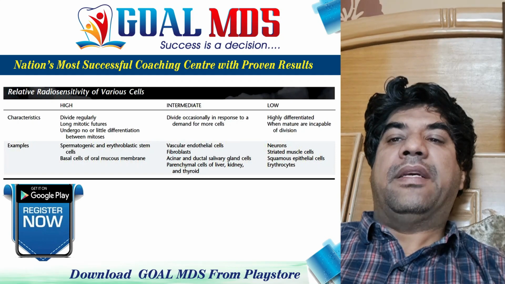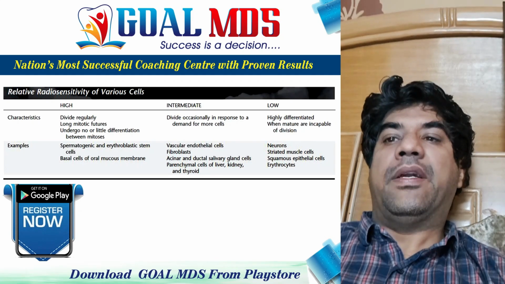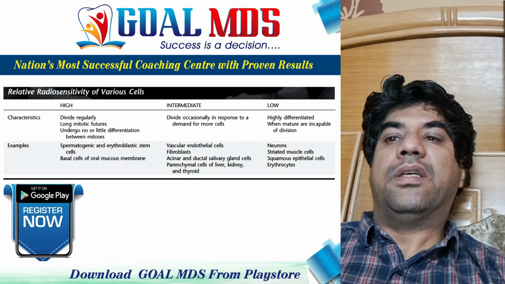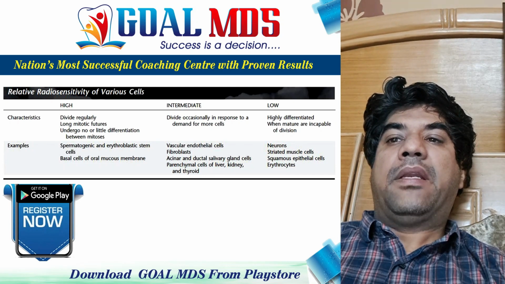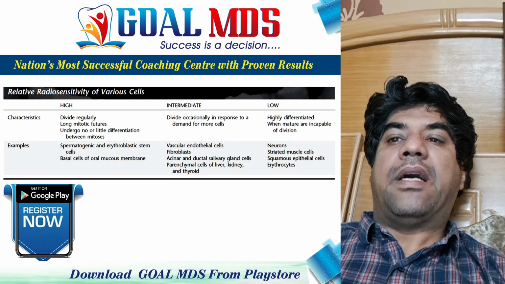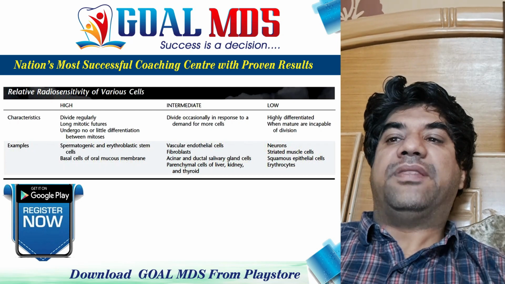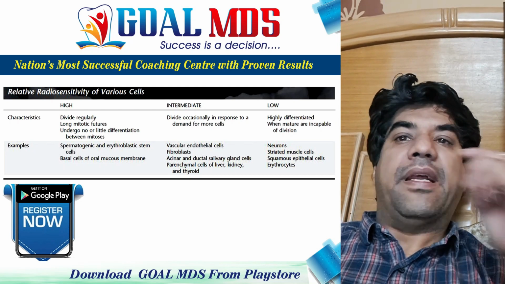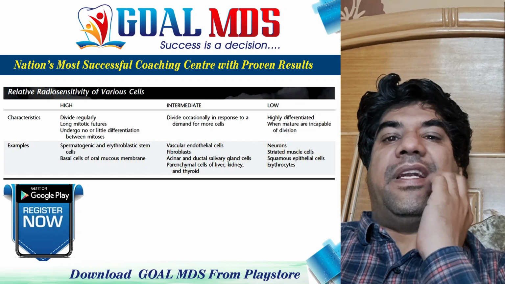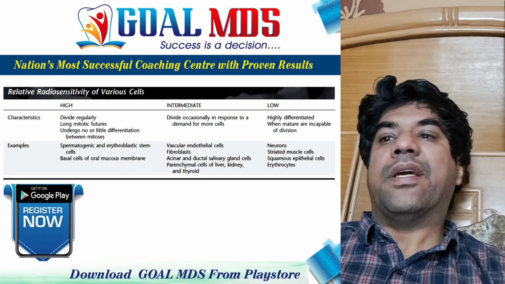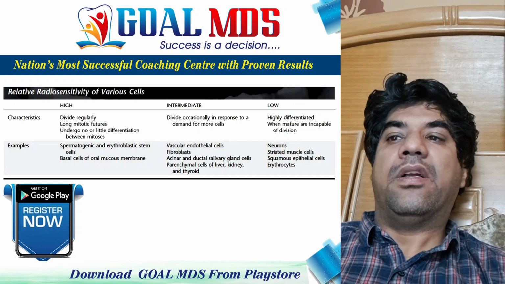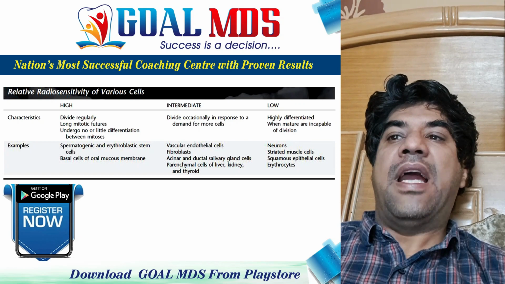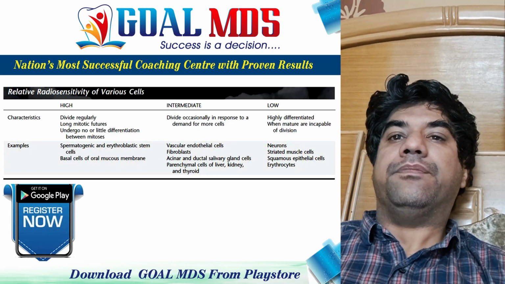The intermediate radiosensitivity cells are vascular endothelial cells, fibroblasts, parenchymal cells of liver, kidney, thyroid, and acinar and ductal salivary gland cells. Whereas the low radiosensitivity or radioresistant cells are the neurons, striated muscle cells, squamous epithelial cells, and the erythrocytes.